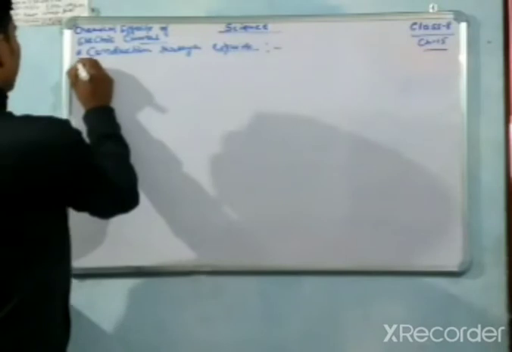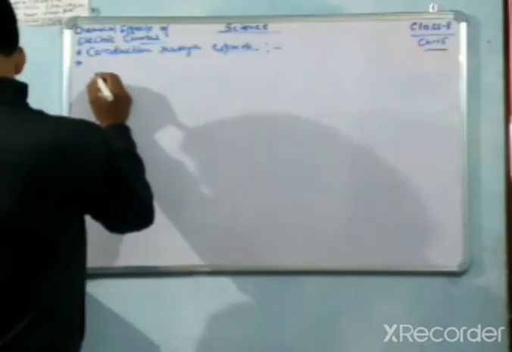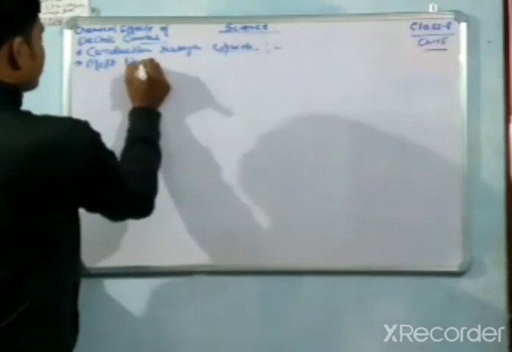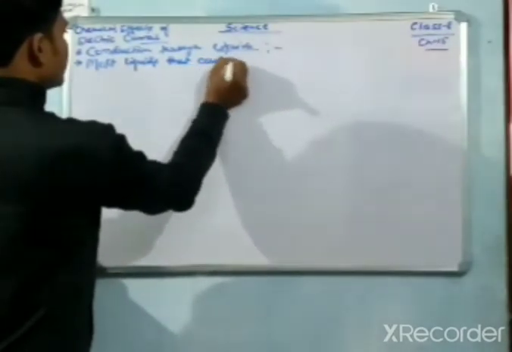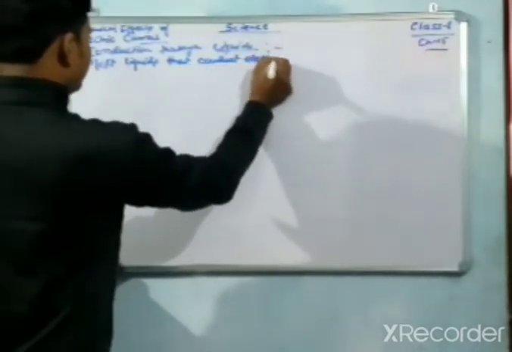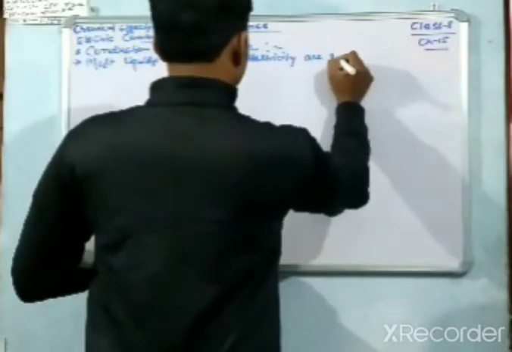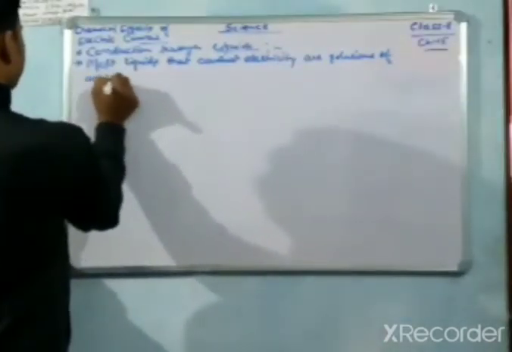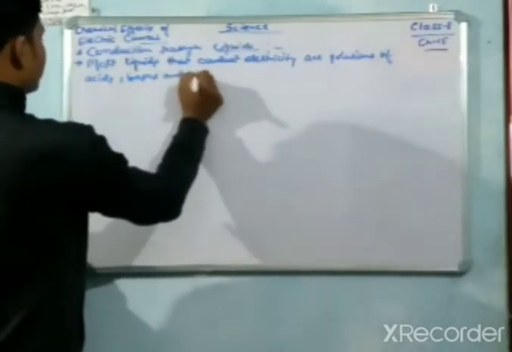So I'm just going to write down: most liquids that conduct electricity are solutions of acids, bases and salts.